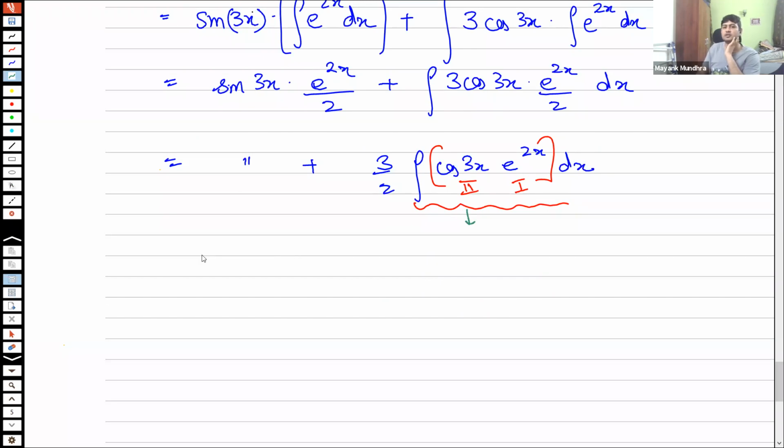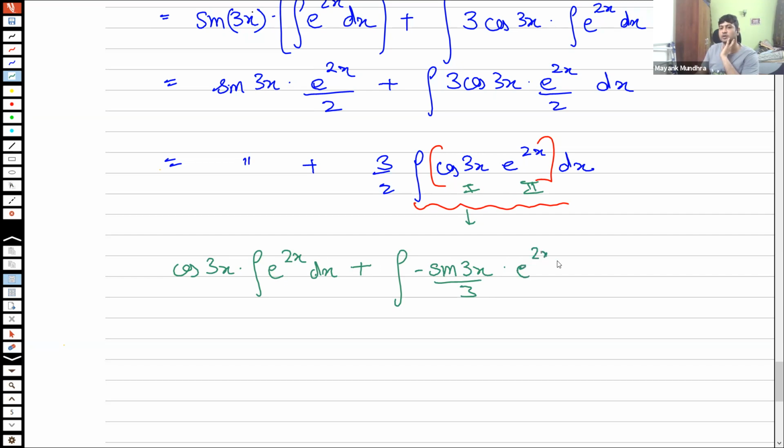So this integration, again, this should be my first function and this should be my second function. So first function into integral of second plus integral of differentiation of first function, so minus sine 3x by 3 into integral of second. So integral of second is e to power 2x by 2.